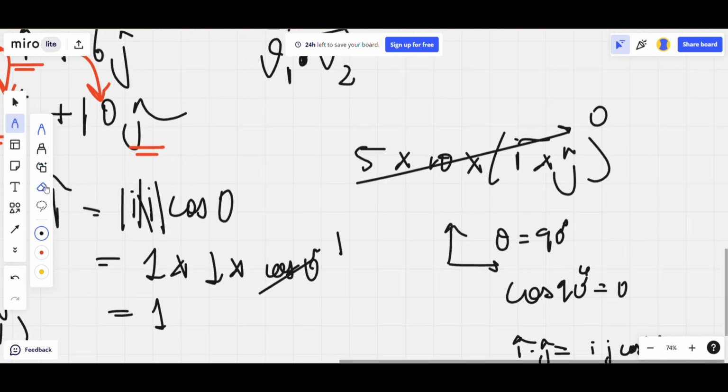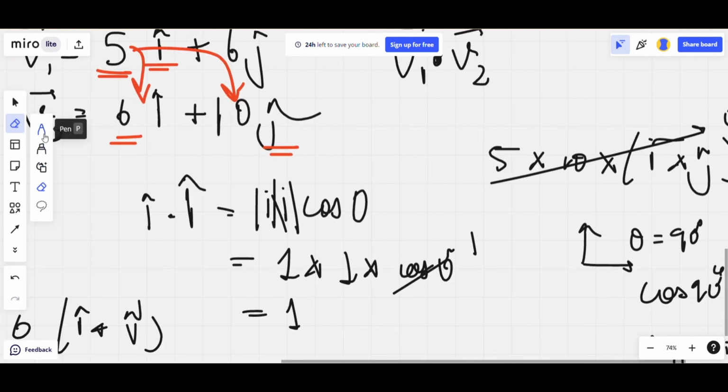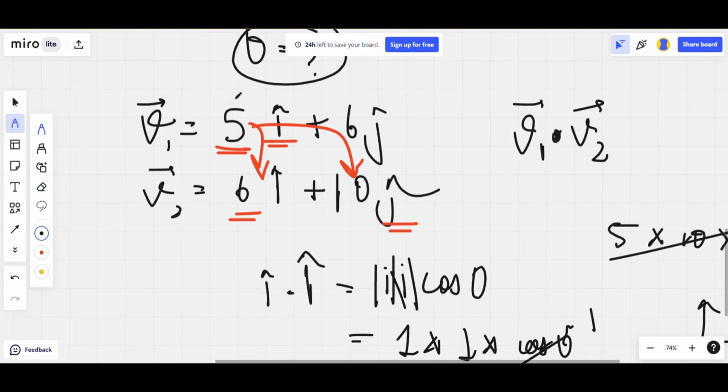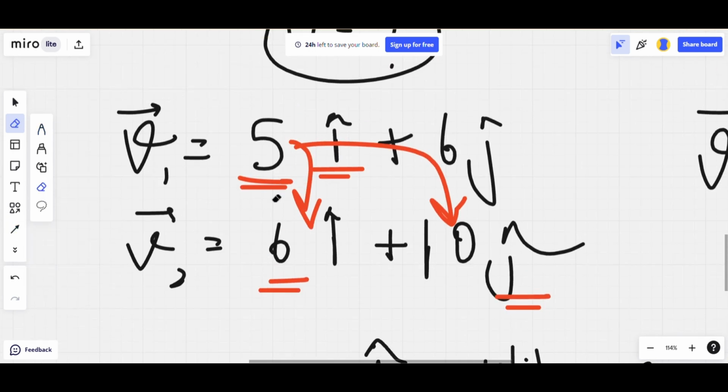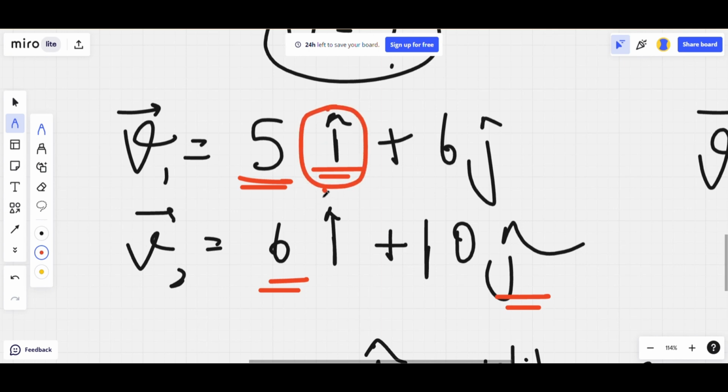That's why there's a trick for multiplying two vectors whose angle between them is not given, but only their vector parts are given. What's the trick? The trick is to simply multiply the coefficients of the same unit vectors, and then remove the unit vectors.